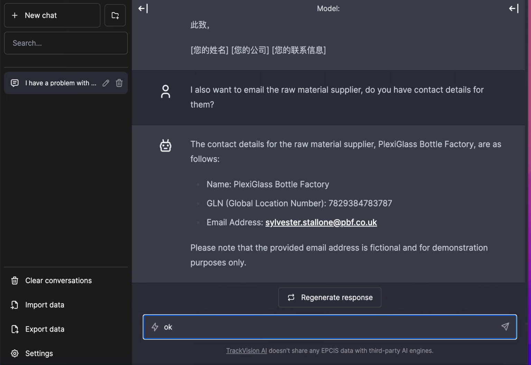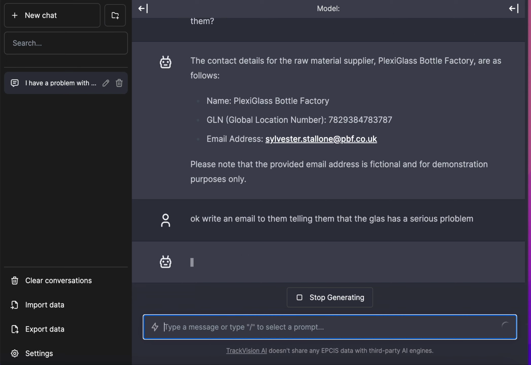So what I'm going to do here is have it generate another email to them, telling them that the glass has a serious problem. Actually, that's not a question, it's a directive. So let's give it a chance to do that.